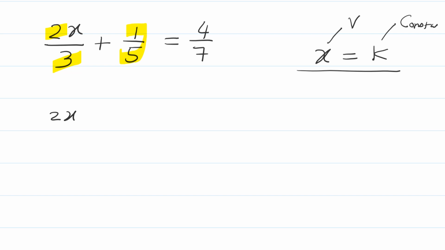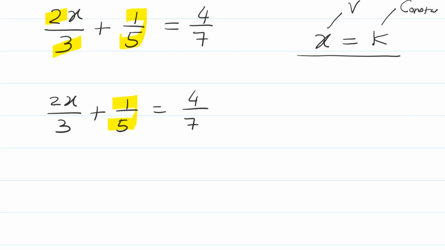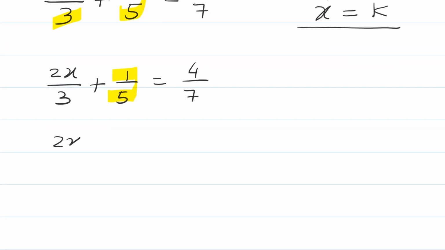So consider the first step. Consider the equation 2x upon 3 plus 1 by 5 is equal to 4 by 7. In the first step, we will remove 1 by 5 by using the additive inverse. We know that for any rational number a upon b, there exists a rational number minus a upon b such that their sum is equal to 0. a upon b plus minus a upon b is equal to 0.